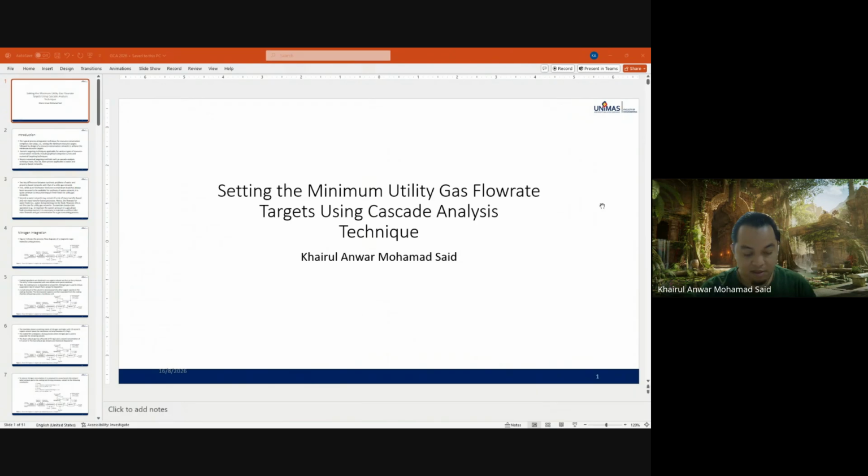We call it SCA, reflecting gas system cascades. But for today, it's subjection gas cascades. Almost similar to water, but a bit different.